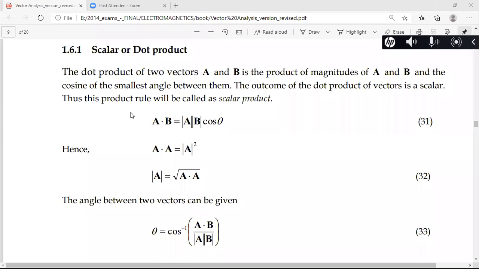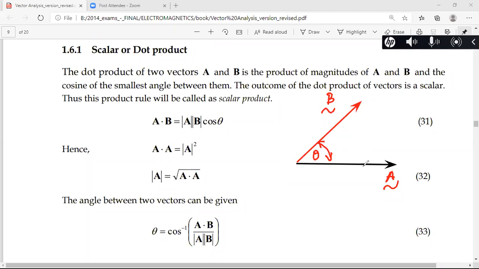The scalar product, or what we call the dot product, is defined something like this. Just assume you have a vector A and another vector B. This is A, this is B. The angle between A and B is theta.